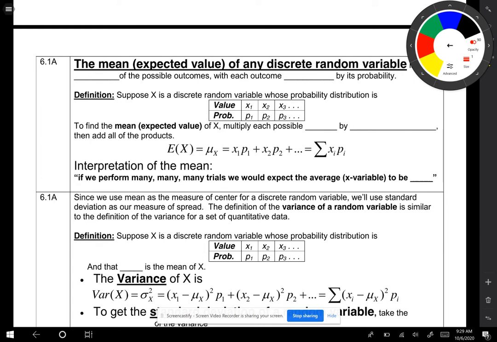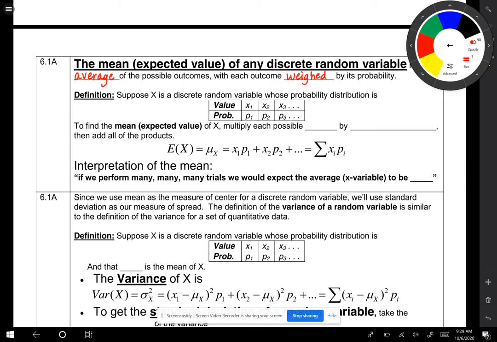So the mean, which is known as an expected value of any discrete random variable, is an average, just like you would expect the mean to be, of the possible outcomes, with each outcome weighed by its probability. So there's the difference than regular means. With probabilities, you have this weighing.